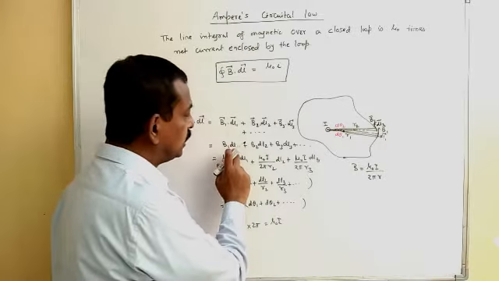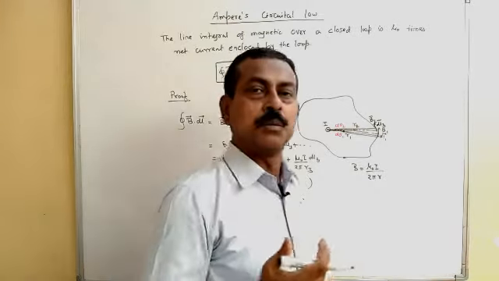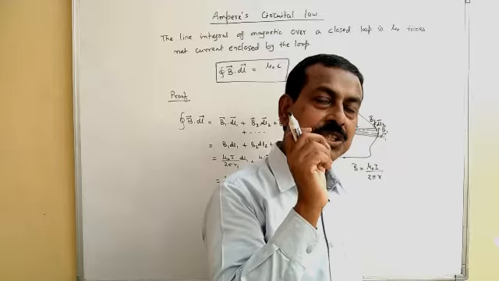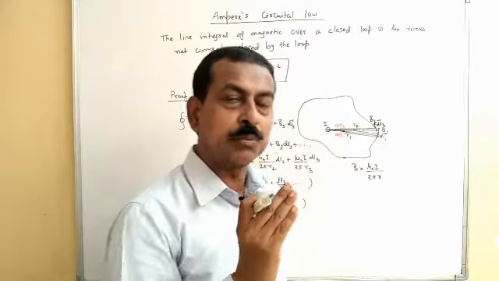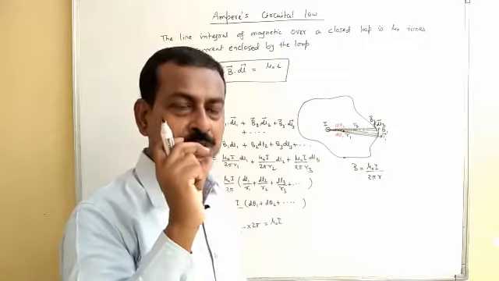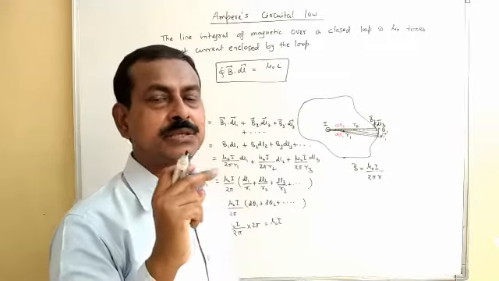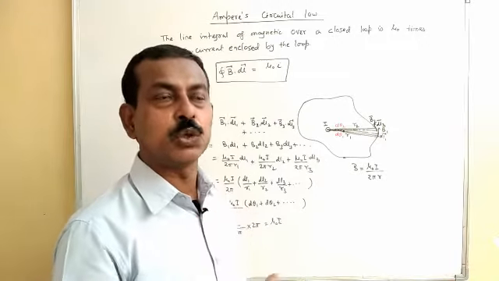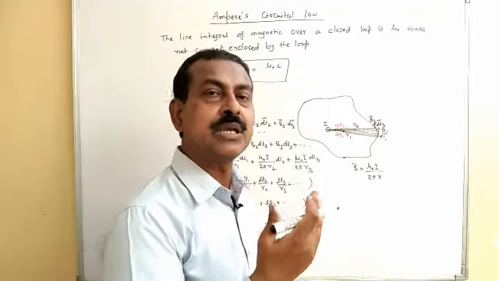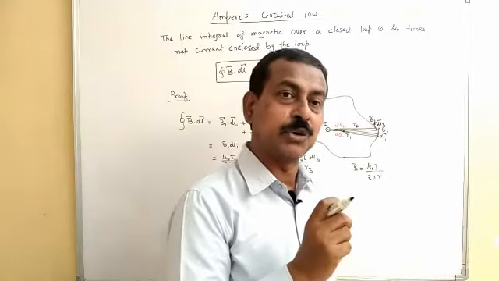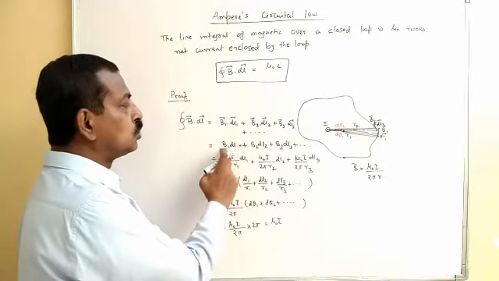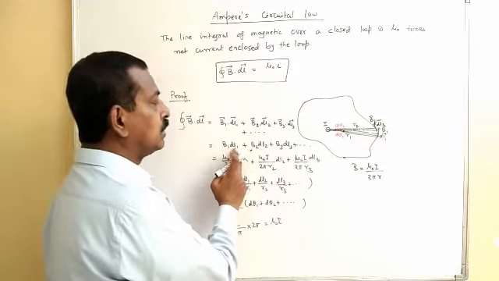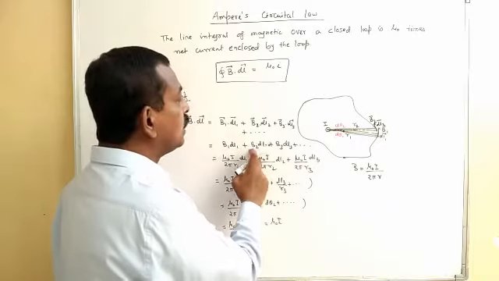B1 dl1, because the B1 will be acting tangentially at that point, and the elementary length we are taking, dl1, dl2 and others, will also be in the same direction as the magnetic field at that point. So their angle is 0. So it is just B1 dl1 because it is cos 0 there.